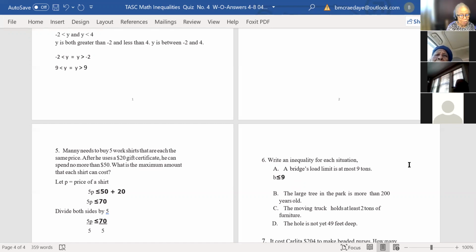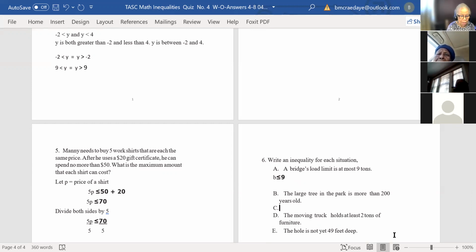Maureen, the next one: the large tree in the park is more than 200 years old. Use T for tree. What would I write? The large tree in the park is more than 200 years old.